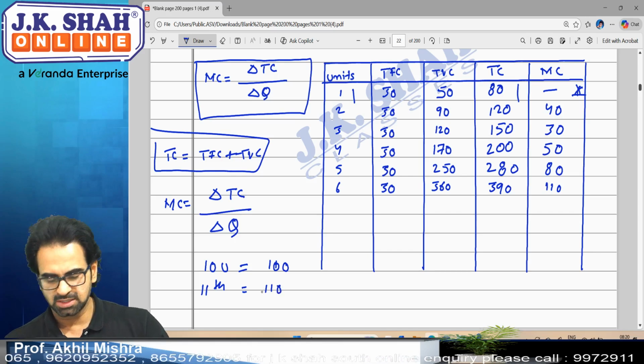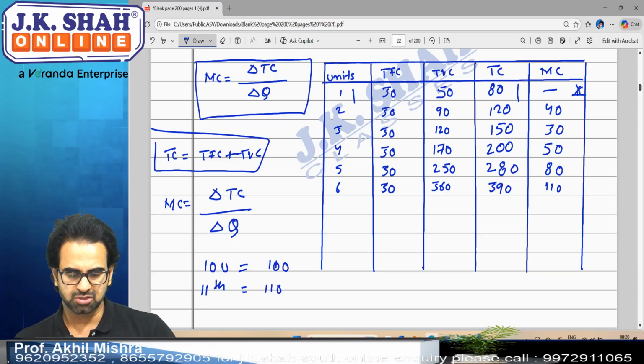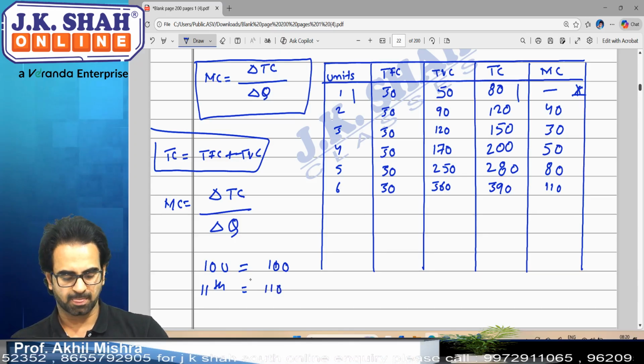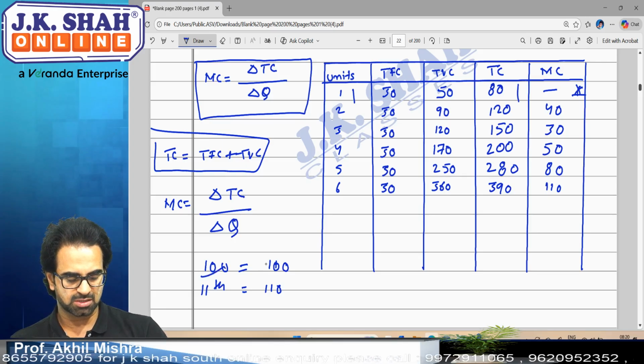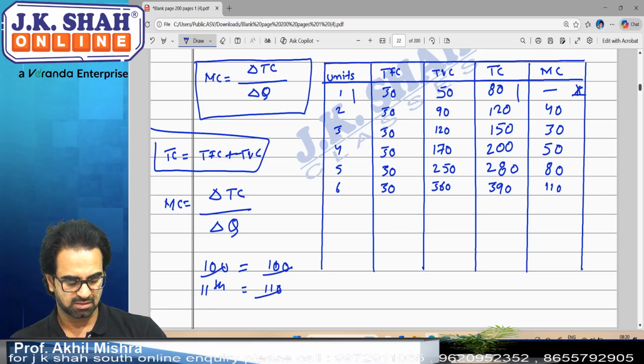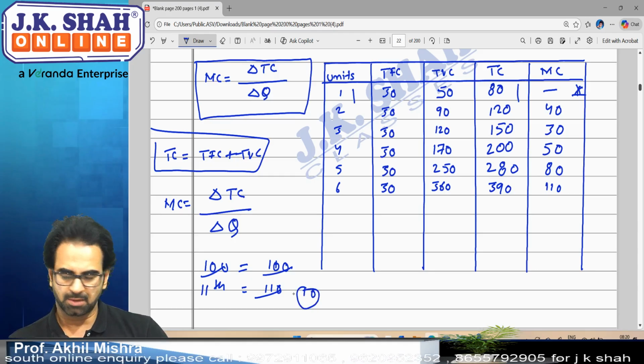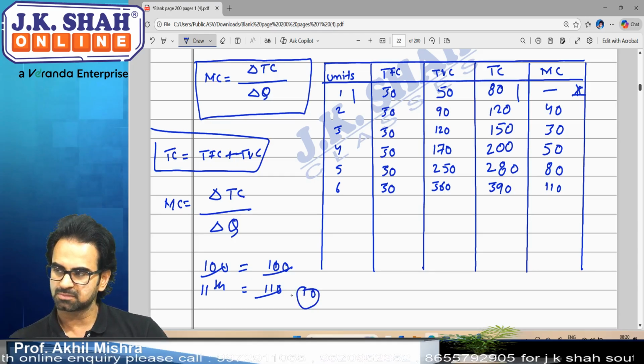So what is the extra cost you incurred to produce one extra unit of output? 10 units cost 100, 11 units cost 110. So for one extra unit, the extra cost is 10. That 10 is the marginal cost. Got it?